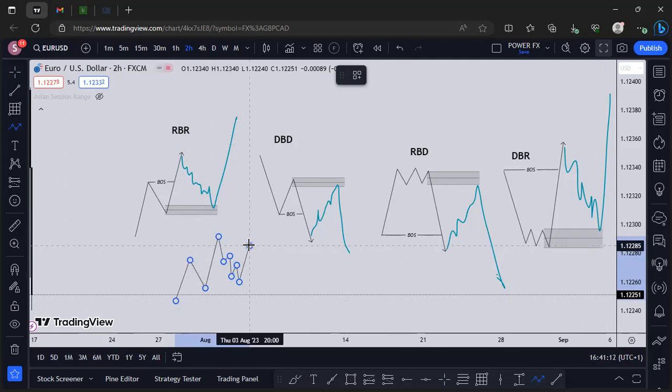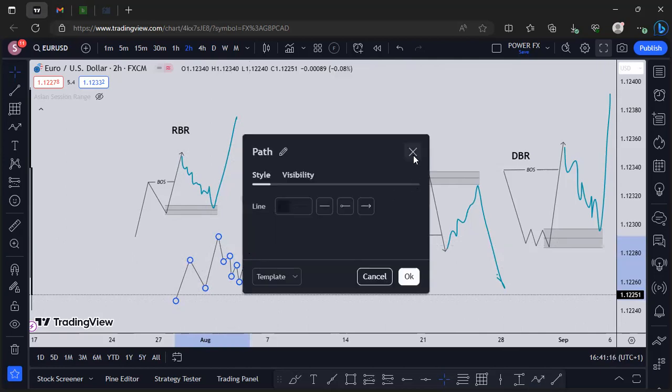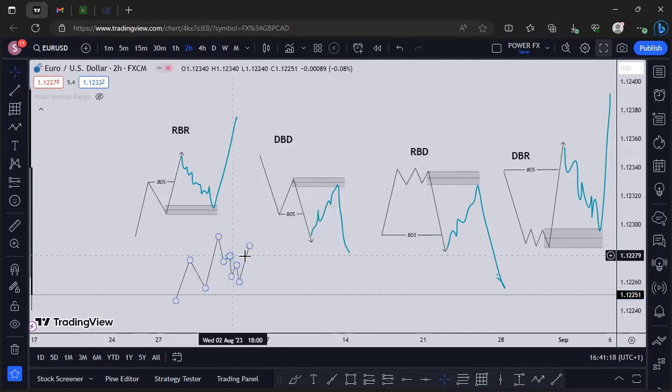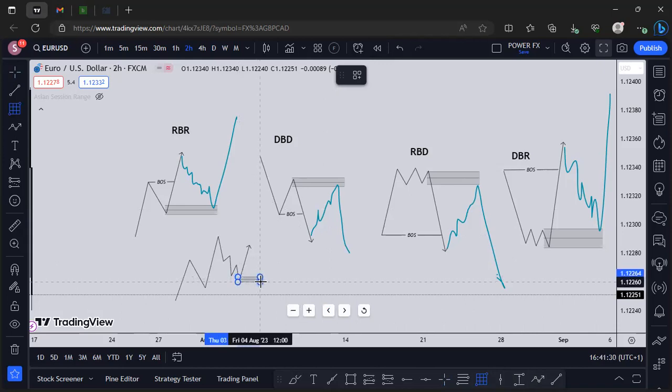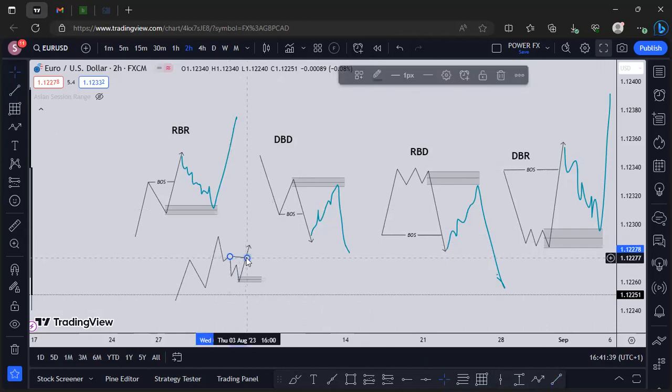And there are some traders that, in a case scenario like this, will definitely come to this particular area and mark out their base off of it, based on the fact that price has already broken structure here.